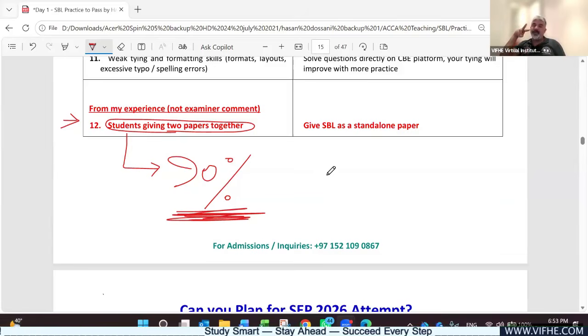When you are preparing for two papers together, SBL plus SBR or whatever, you subconsciously mix up the strategies and techniques. The reason I'm telling you this is that you should be mindful of this risk.